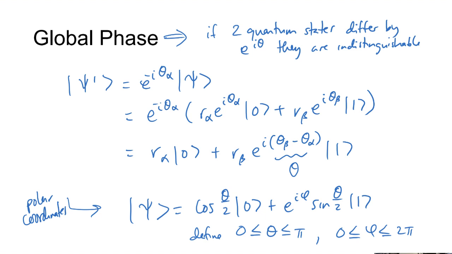Then you can introduce your spherical coordinates back into the ball game. So x equals r sine theta cosine phi, y equals r sine theta sine phi, and z equals r cosine theta, and then you can come back to the Bloch sphere.